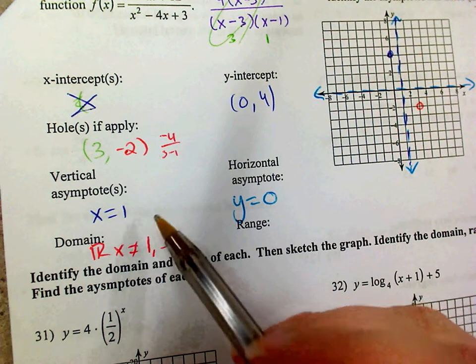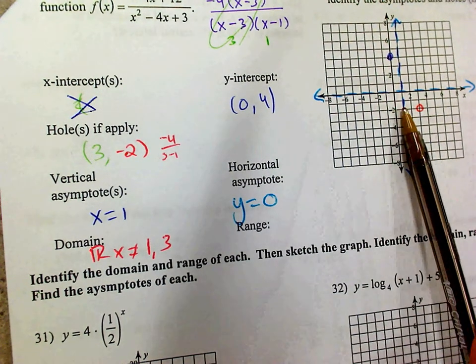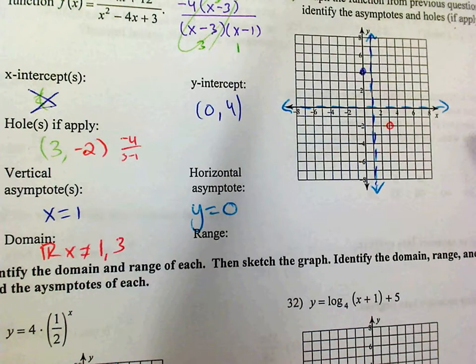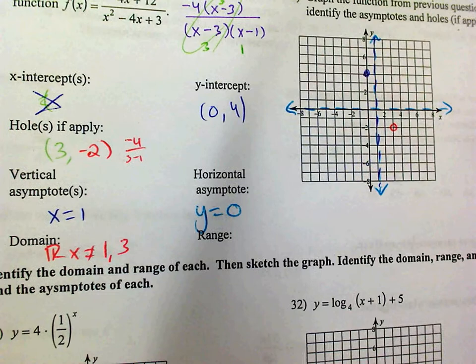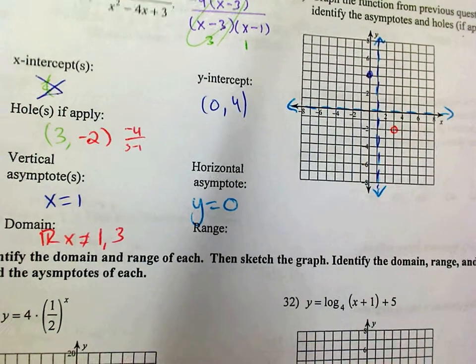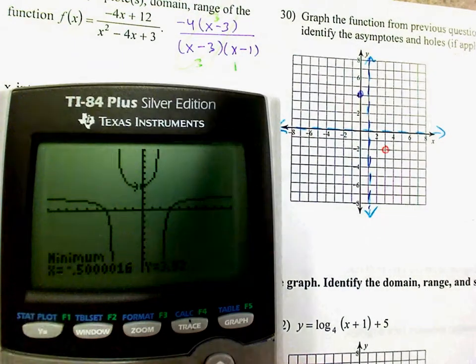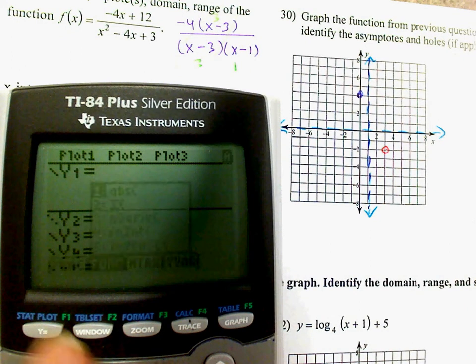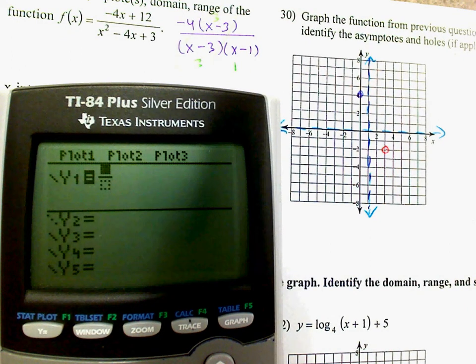Okay, so in order to find range, first I've just got to plot points. So I'm going to type this in. Negative 4x plus 12 over x squared minus 4x plus 3.